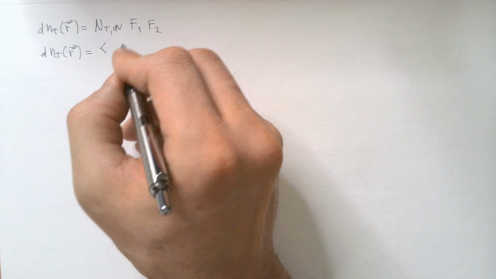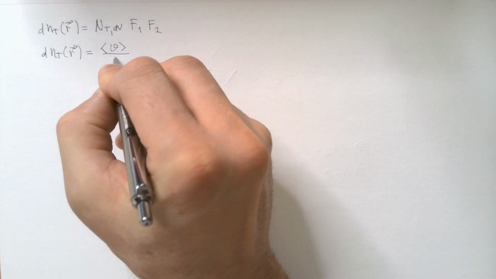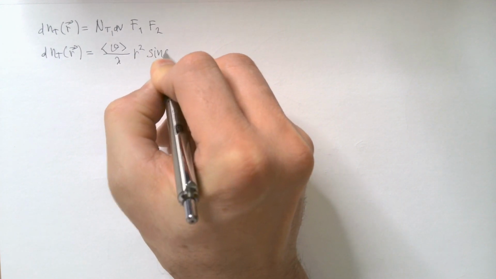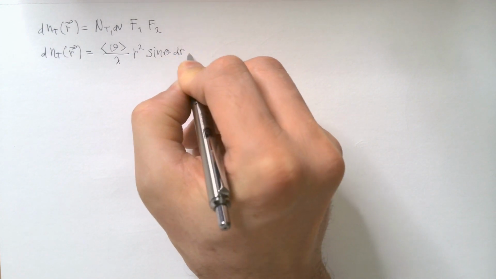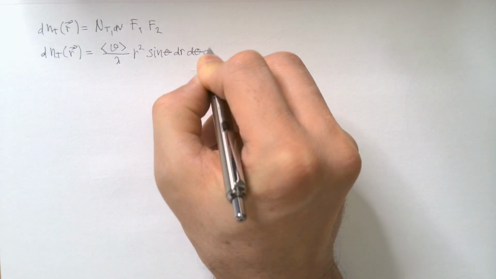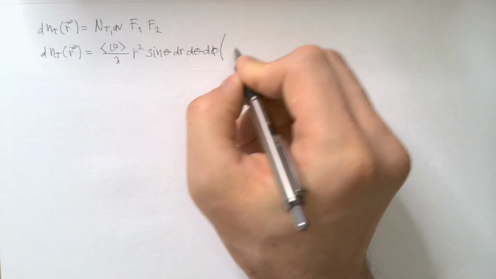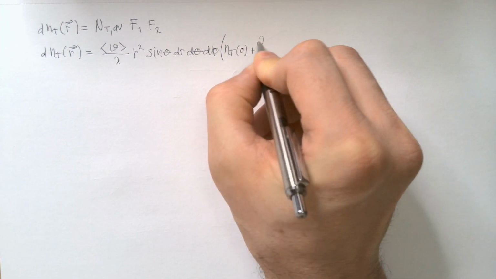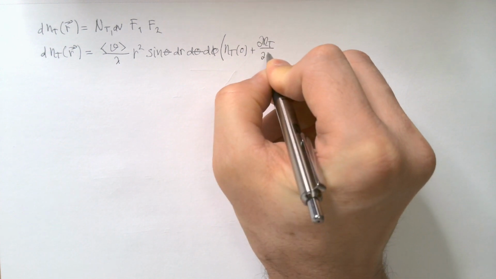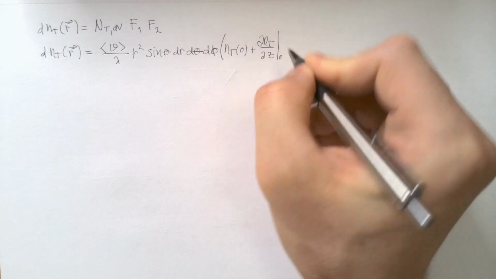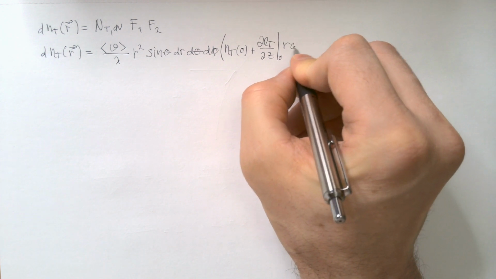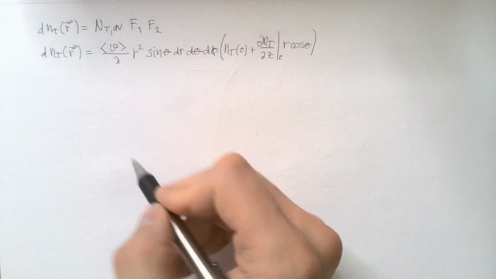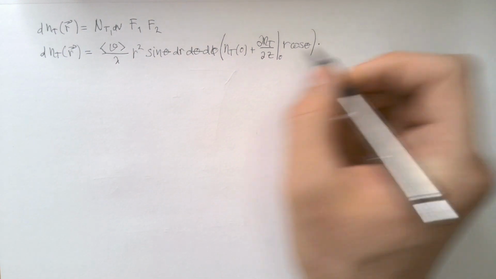This first factor, you will remember, was average speed divided by the mean free path, r squared sine theta dr d theta d phi, times nt evaluated at 0 plus delta nt delta z evaluated at z equals 0 times r cosine theta, that's this nt dv term, times f1.